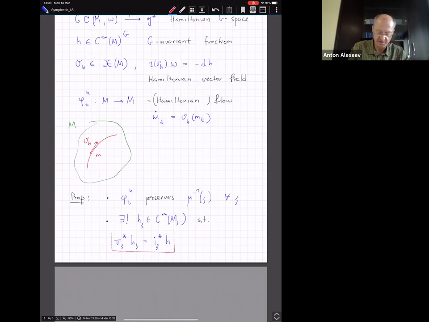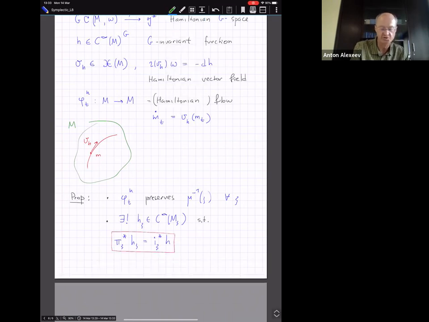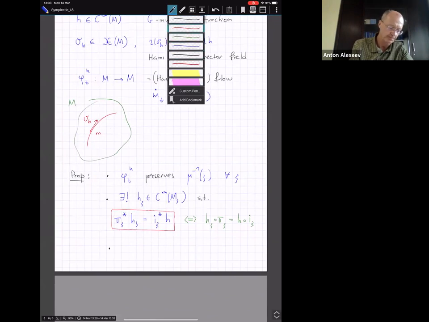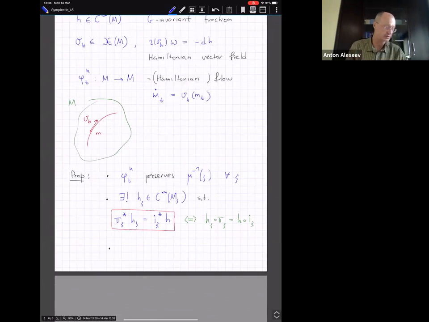But actually, we usually don't write equations with pullbacks, right? It's probably more consistent with standard notation to write it like this. Right, so these functions, that's the same, right? And finally, one more, and that's probably the main conclusion.